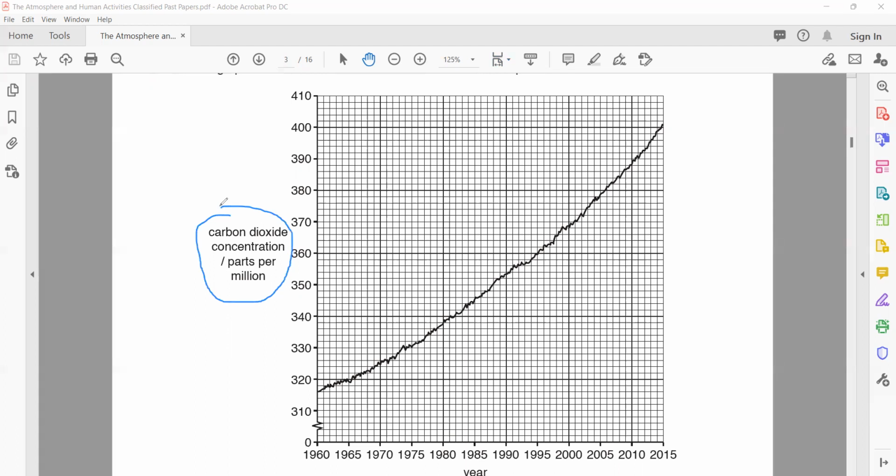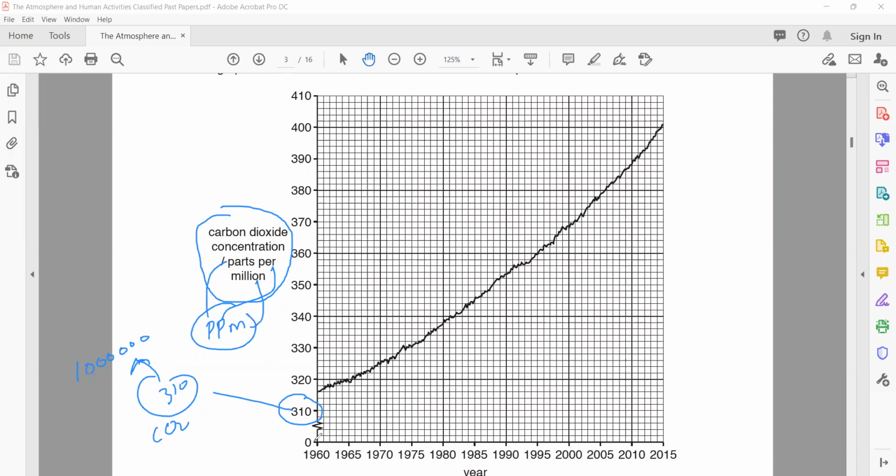Maybe sometimes you notice it even on medicines or water bottles, written like this: ppm. P for parts, this for per, and this for million. ppm, parts per million. It means that, for example, if it is 310, then if you have 1 million particles, from that 1 million, 310 will be carbon dioxide particles. So this is how they wrote parts per million.